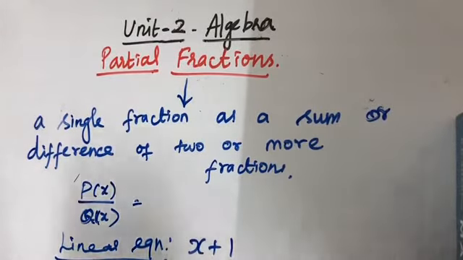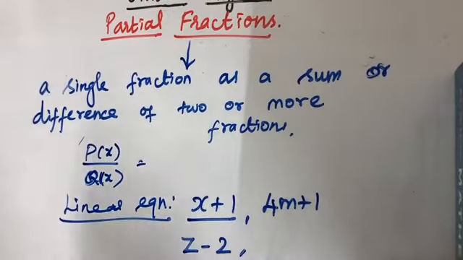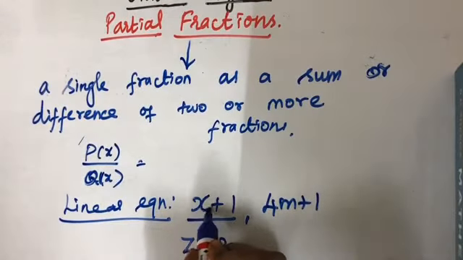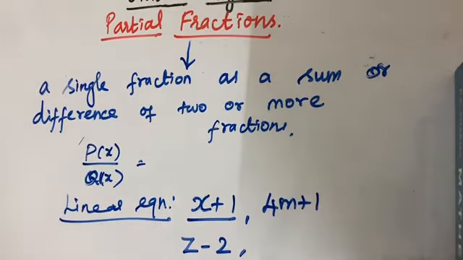For example, x plus 1 is a linear equation, z minus 2, similarly 4m plus 1. The power of the variable is 1 in all linear equations. Now the first type is how we split the fraction when the denominator contains only non-repeated linear factors.